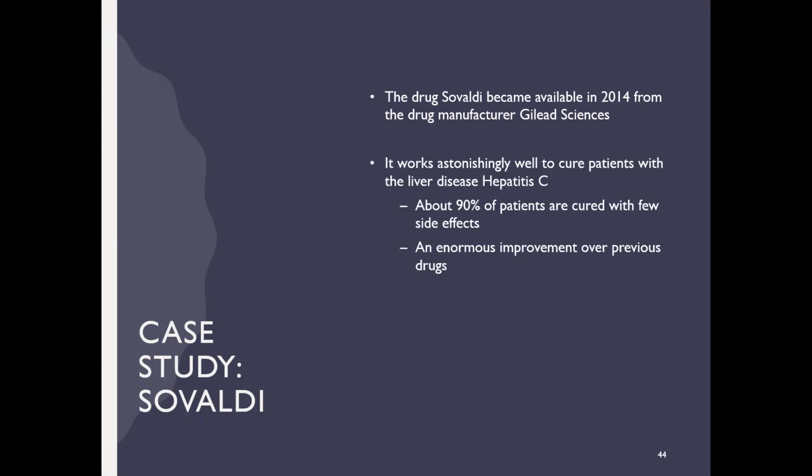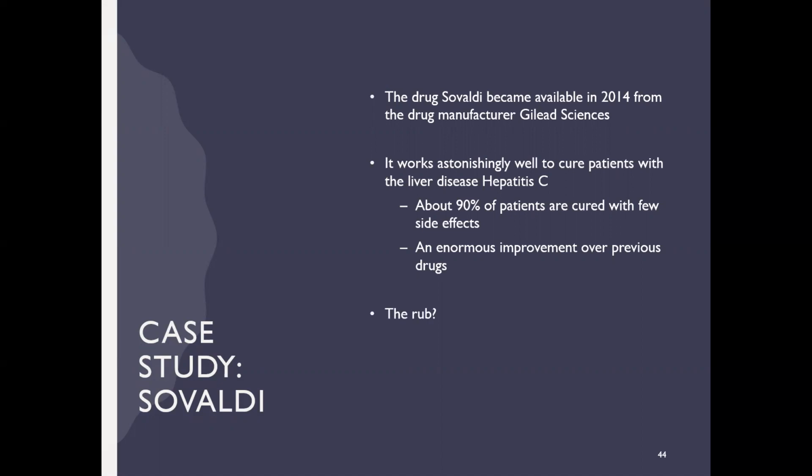It's a Hep C drug, and it works astonishingly well to cure patients who have the liver disease hepatitis C. About 90% of patients are cured with only a few side effects, and it was really an enormous improvement over previous drugs for hepatitis C.